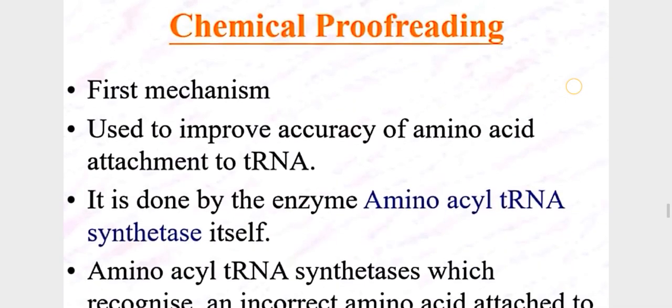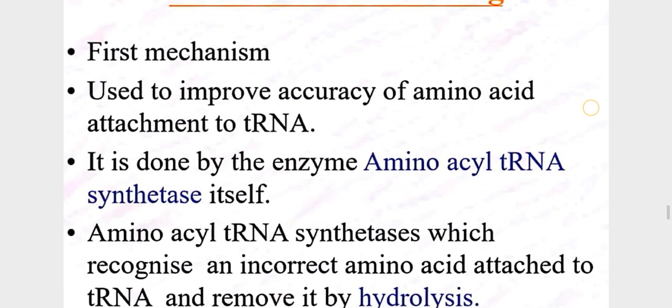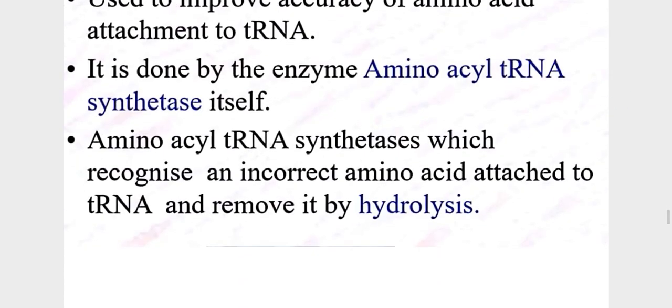Chemical proofreading is the first mechanism, used to improve the accuracy of amino acid attachment to tRNA. It is done by the enzyme aminoacyl-tRNA synthetase itself, which recognizes an incorrect amino acid attached to tRNA and removes it by hydrolysis.